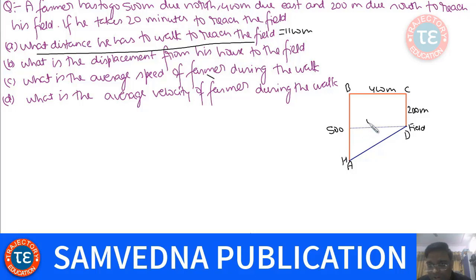So this will also be 400, and this is 200, this is 500, so this distance will be 300 meter. Let's call it G. So DGA is a right angle triangle.